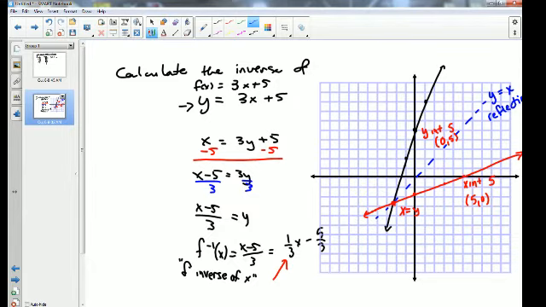So if you're graphing only, that's one way to calculate it too. You can switch the x and y points. Like this would be -5/3, right there. This would also be -5/3. We're reflecting. So, a couple ways to tackle the graphs versus the equations.